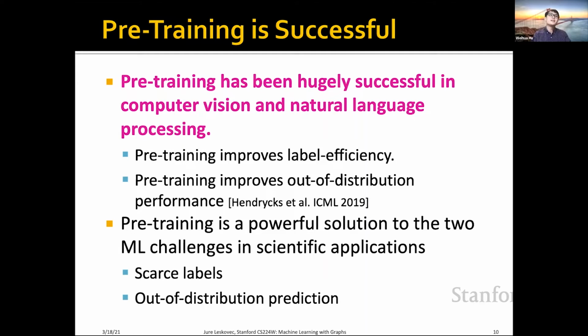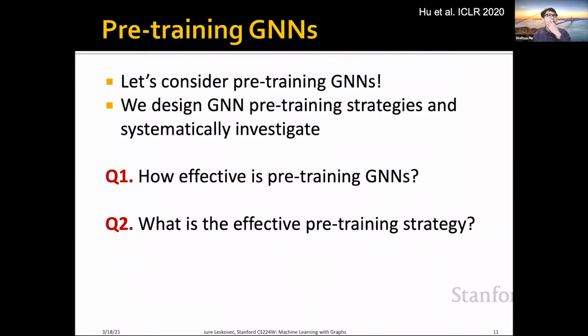Because of this, we think pre-training can be a very powerful solution for scientific applications, which face those two challenges: scarce labels and out-of-distribution prediction. So we are motivated to pre-train GNNs to solve this important problem in scientific applications.